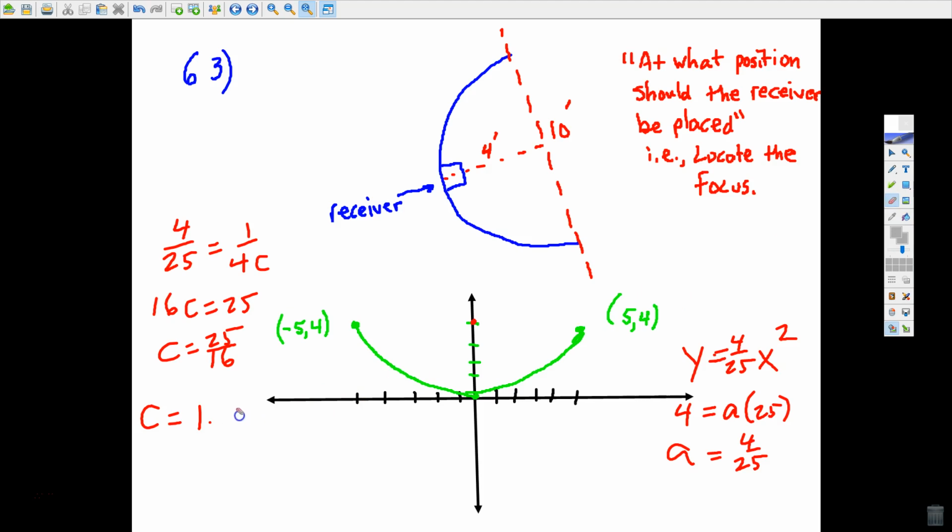Okay, so now we have our answer. The answer is, and I'm not going to write it out, but it's 1.5625 feet from the base is where the receiver should be placed.